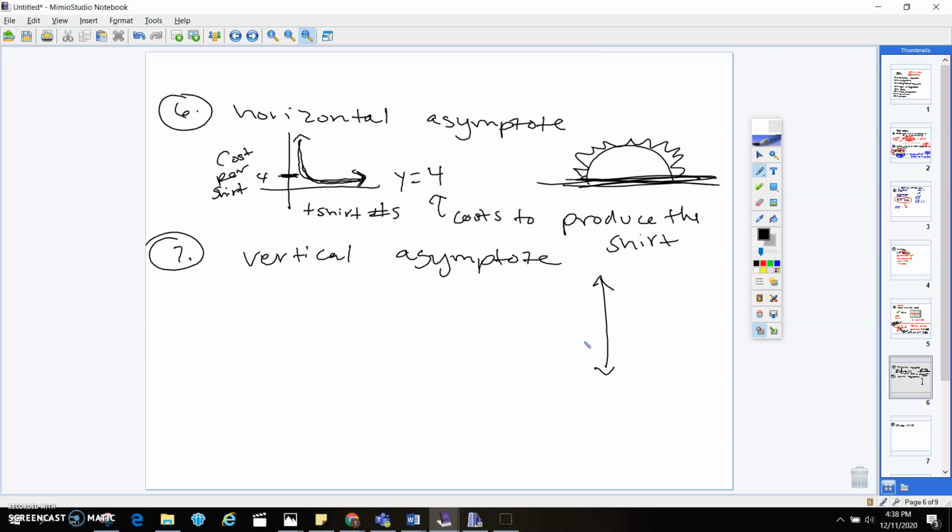It's going straight up and down. So with that same mentality, let's say that it's coming down, and let's say there's a vertical asymptote at 20 shirts. So right here, there's a vertical asymptote at x equals 20. So we're interpreting what that means.